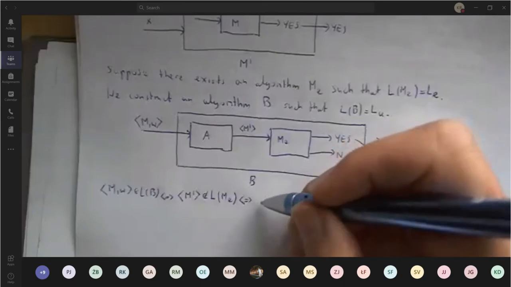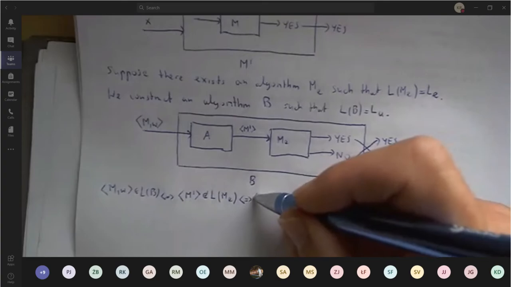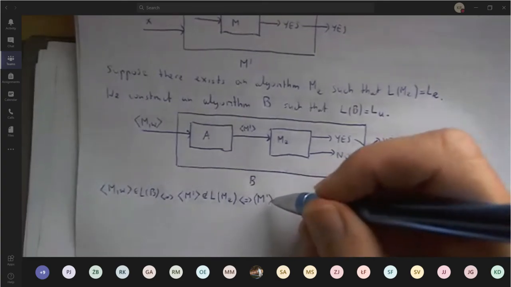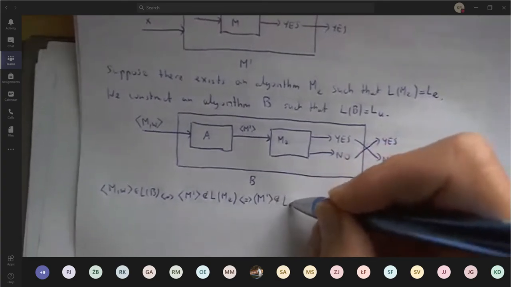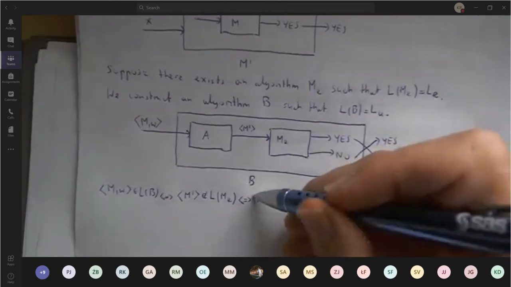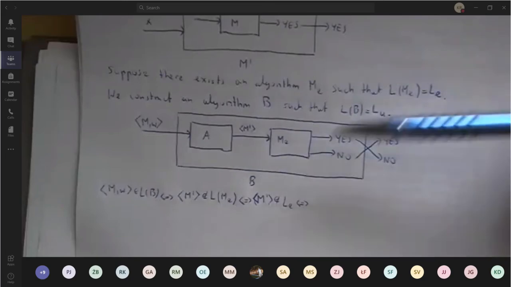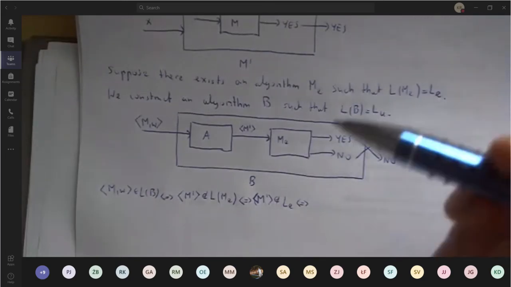That means that this language is LE. So the code of M prime is not in LE. That means that the language of M prime is not empty. So there are only two options by the definition of M prime. Either L of M prime is empty or the set of all strings. So if it is not empty, then it means that it is the set of all strings.